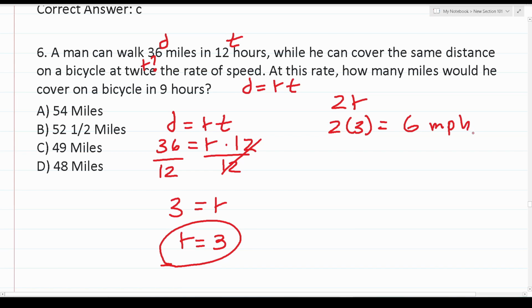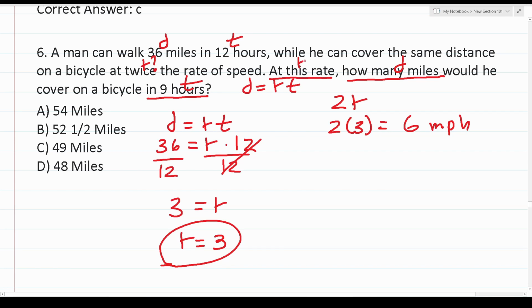So on a bicycle, he can go 6 miles per hour. All right, so we know his rate of speed on a bicycle. And the final part of this question says, how many miles, that's distance, would he cover on a bicycle in 9 hours? And that's T, and it says at this rate.